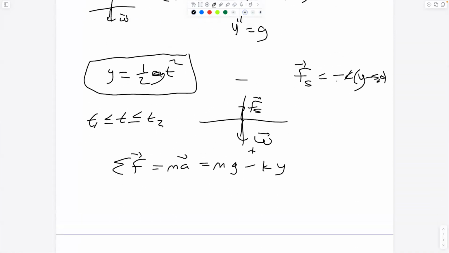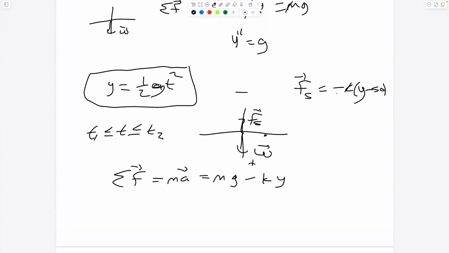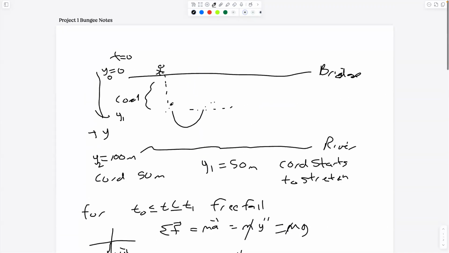I'm starting to think it might be easier to do it this way because what we want right here is how far the cord has been stretched. So this is 50 here. If I'm down in here, the cord has only been stretched the total y minus 50.